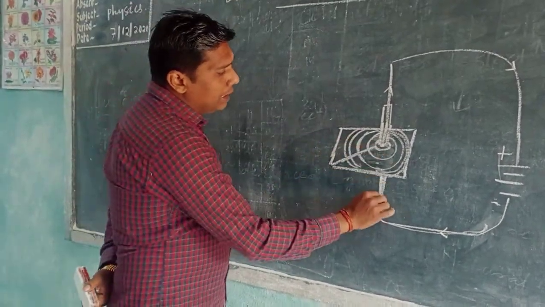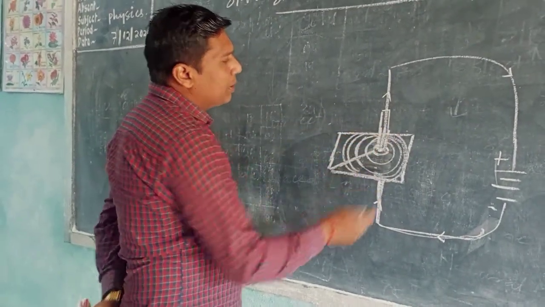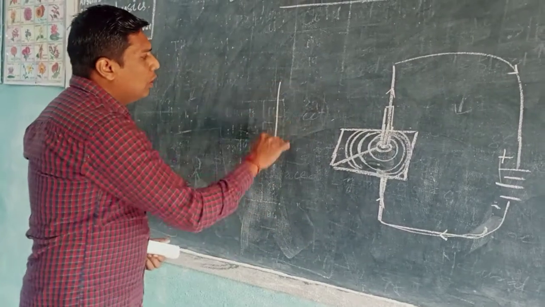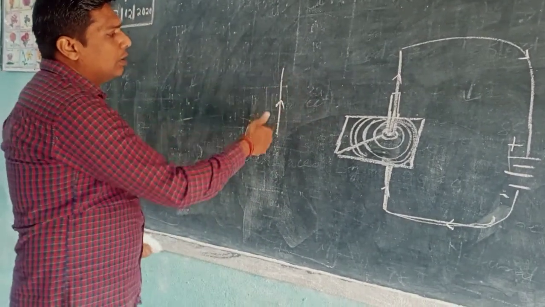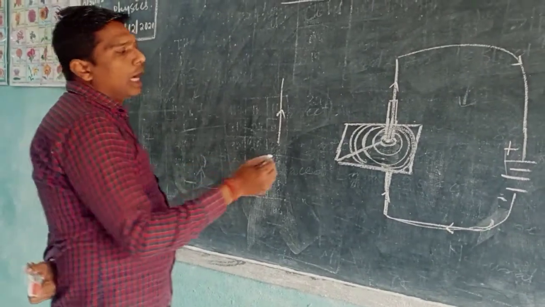Suppose in this case the direction is like this, because see here, when current passes in the upward direction, the magnetic field line direction is anti-clockwise.